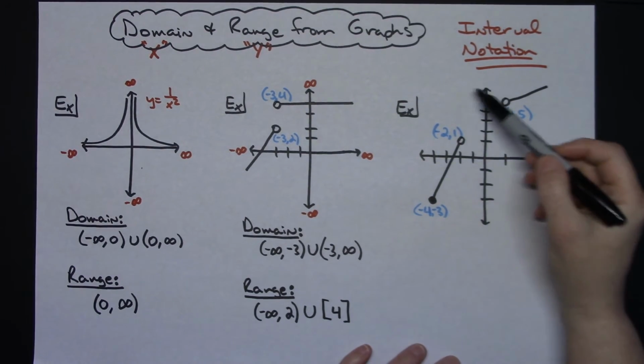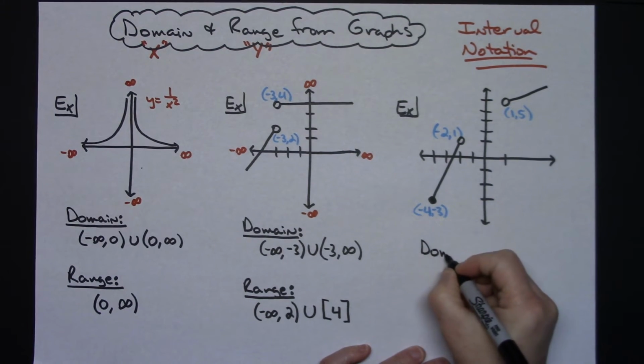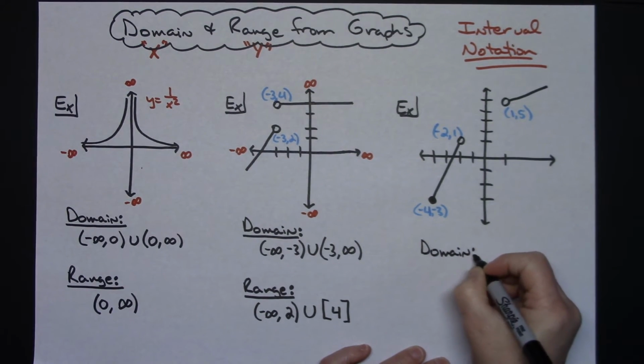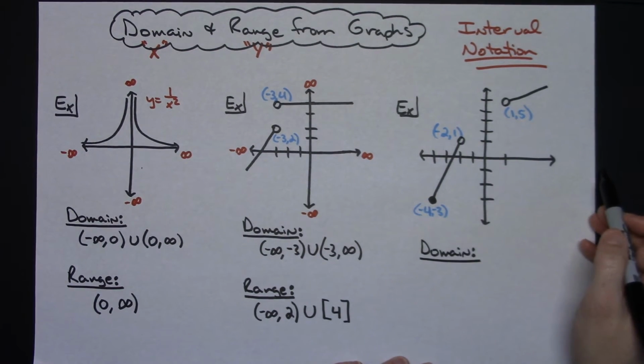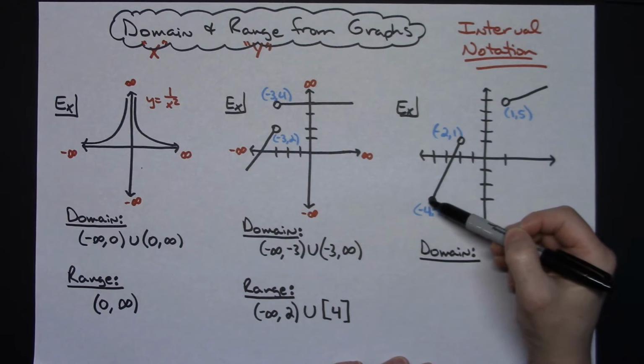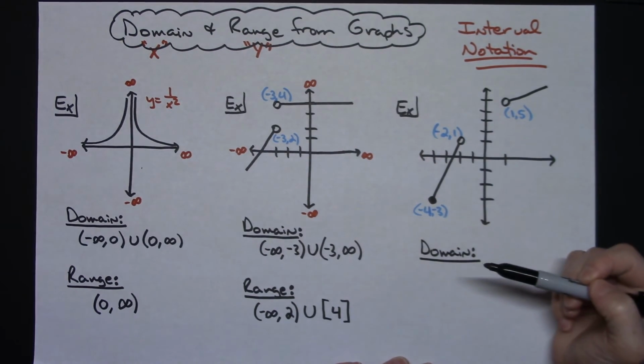Alright, now let's take a look at this third example, starting with domain. Left to right across the graph. Now this one, I did put a definite solid dot there. So this segment right here does not go on forever and ever in either direction. I have a solid dot here, I have an open dot here.